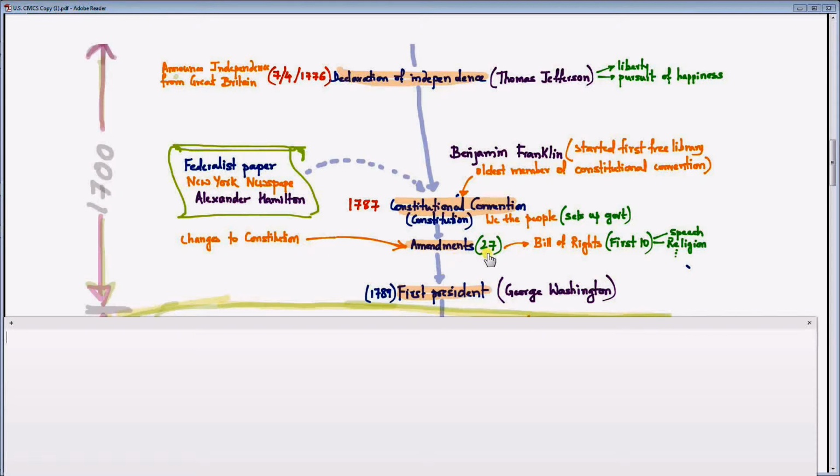We have till date allowed 27 different amendments to our Constitution. The first 10 amendments we allowed are called the Bill of Rights, wherein we brought in the right to speech, right to religion, etc. Towards the later part of 1700s is where we elected our first president, George Washington.